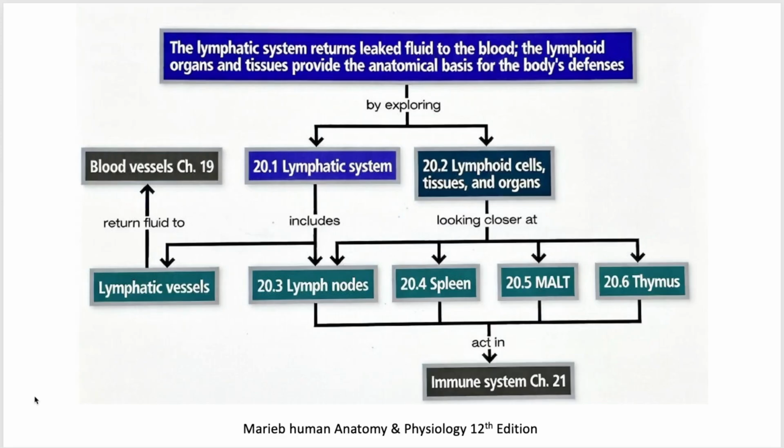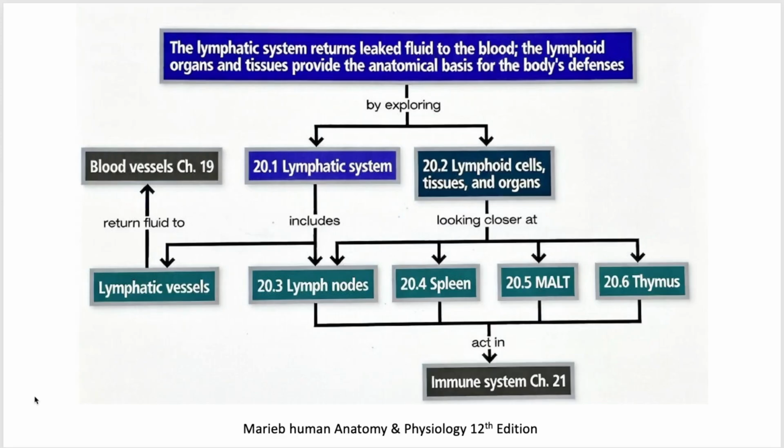We're going to be looking at these two systems in this PowerPoint, and they are functionally distinct. However, they are structurally overlapping, is how we can think of them. So that's going to be the lymphatic system on one side and the lymphoid organs and tissues on the other side. And the overlapping there is going to be with the lymph nodes.